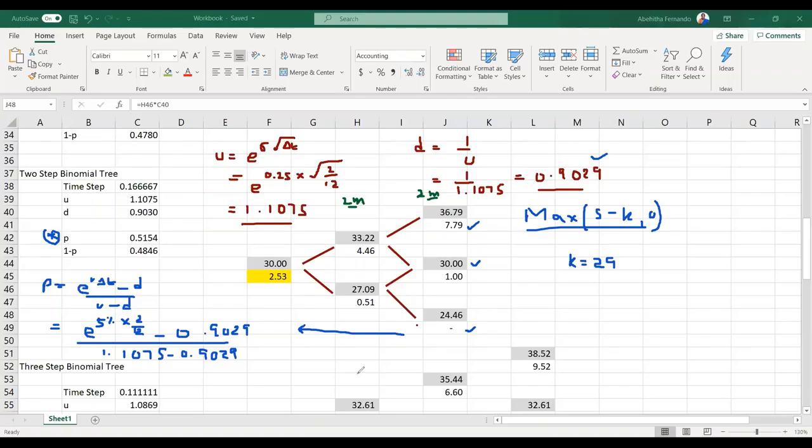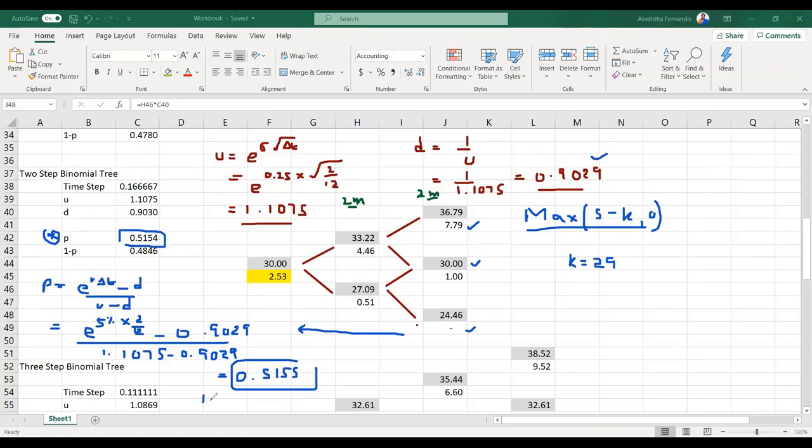So based on this, if you use this, you will get 0.5155 if you round it up to 4 decimal places, but the exact answer will be 0.5154 using Excel, right? You would get the exact answer as 0.5154, but due to rounding off errors, you will have 0.5155.